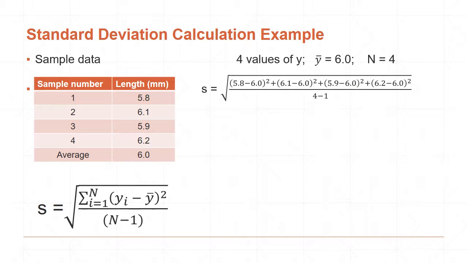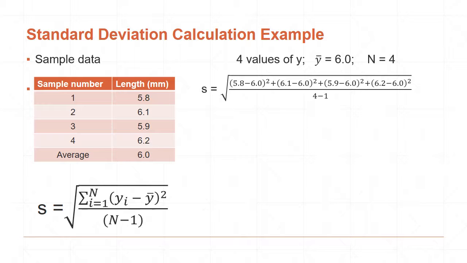My fourth value, 6.2. 6.2 minus 6.0 squared. So I have four things that contribute to the sum up here, determined by my four values of y. This is n equals 4. I subtract 1. So now I have this complicated ratio that I have to take the entire square root of. So let's see how we would do that.